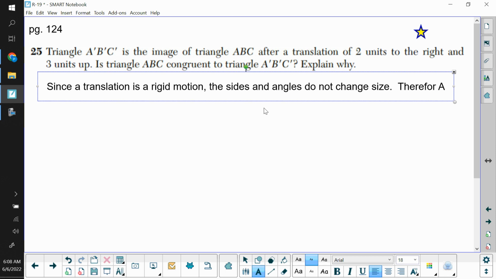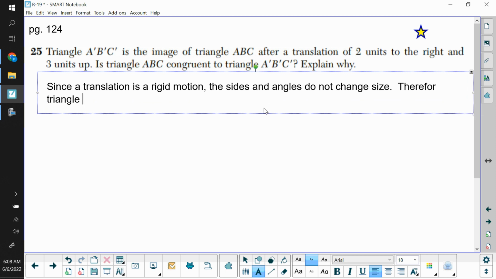Therefore, triangle A prime, B prime, C prime is congruent to triangle ABC.